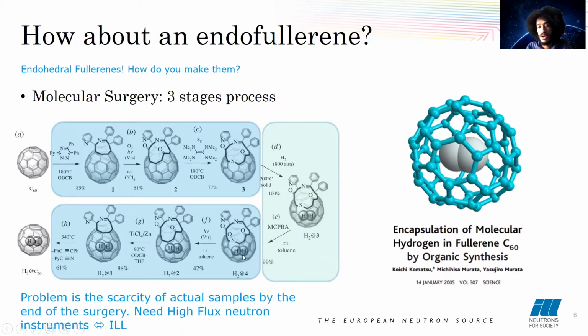And then the cage is closed up. Unfortunately, there is a problem with this surgery: the occupation rate by the end of it is very low. Therefore, you might try a lot of times to synthesize it and you'll end up with a very small number of samples. Therefore, you have to make them count by using high flux neutron instruments, which is where the ILL plays a big role.